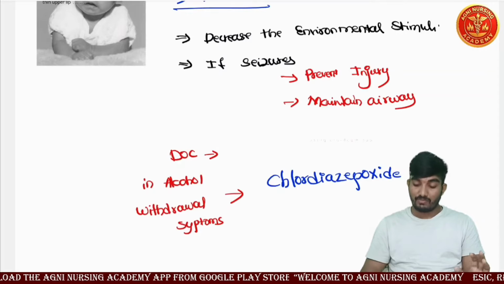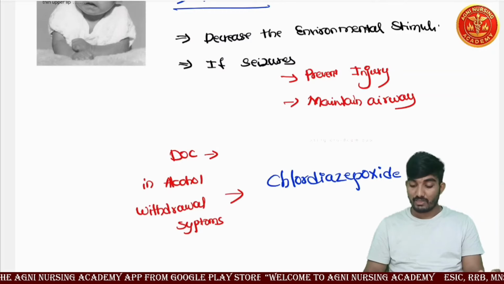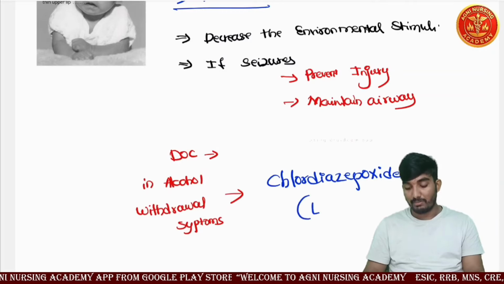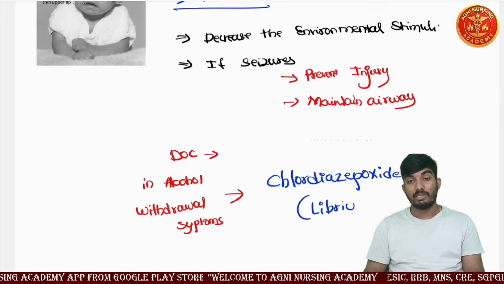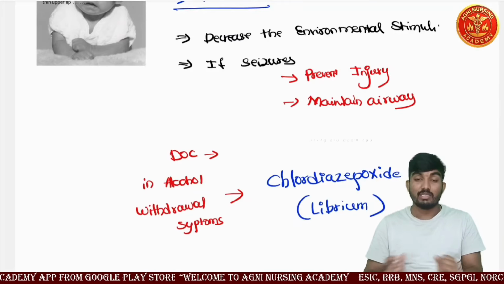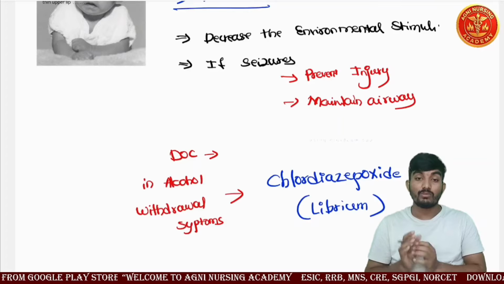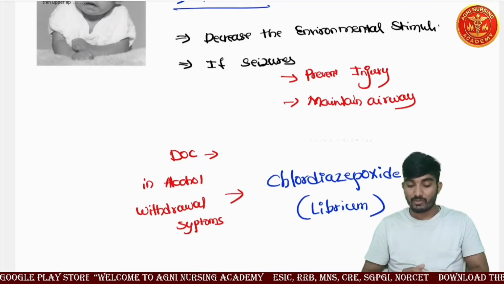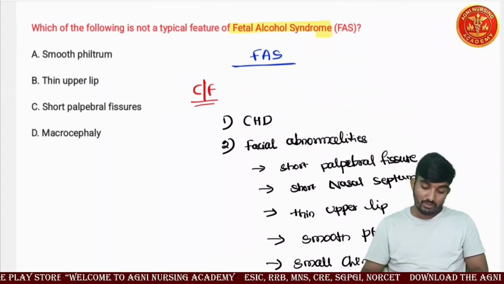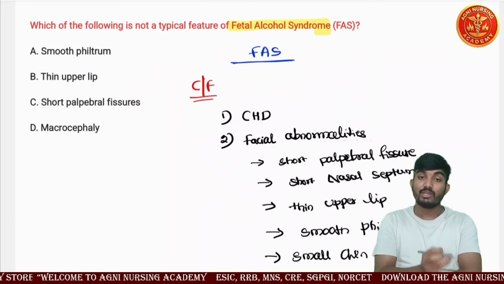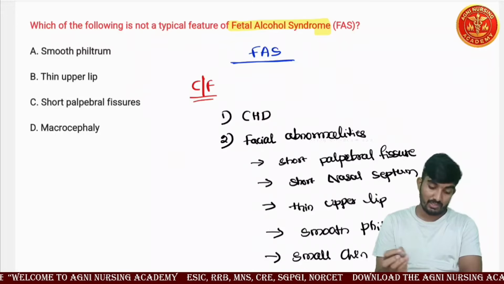Chlordiazepoxide, and the famous brand is Librium. Librium is the drug of choice in case of fetal alcohol syndrome withdrawal symptoms. Okay, now we will go to our answer, which is not a clinical feature.